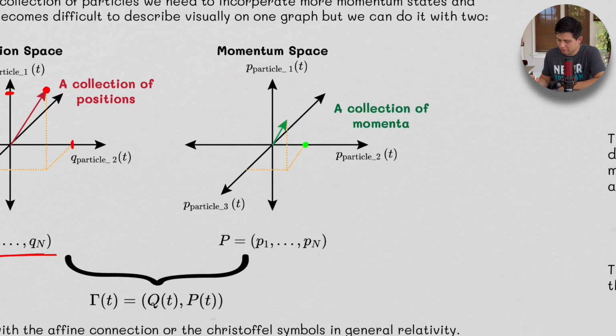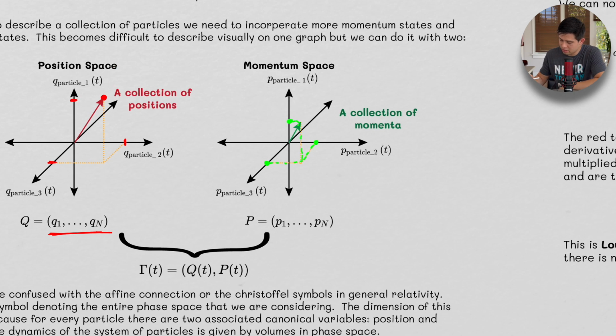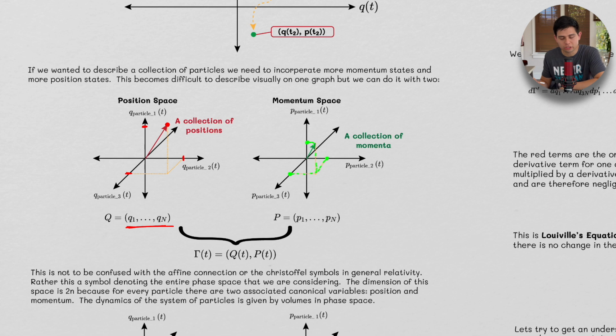Doing the exact same thing, particle 1 has a momentum right here, particle 2 has a momentum right here, and particle 3 has a momentum right here. Together they make up a vector or a point that represents a collection of momentum states.